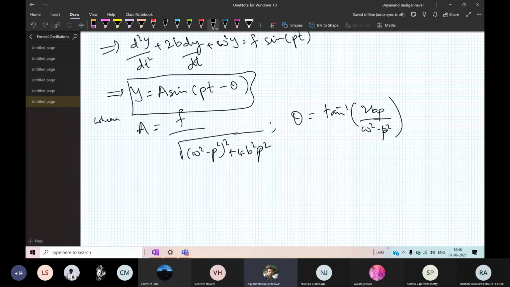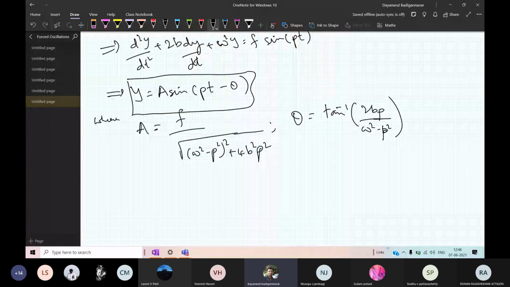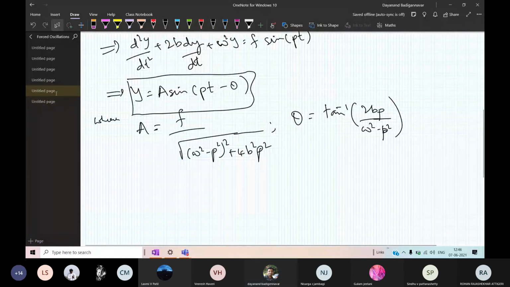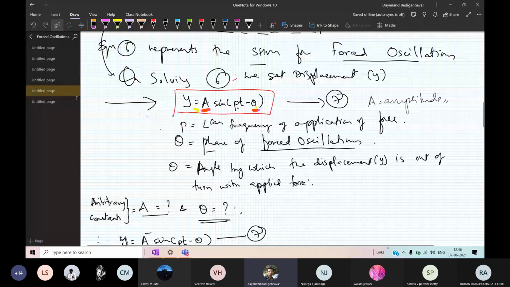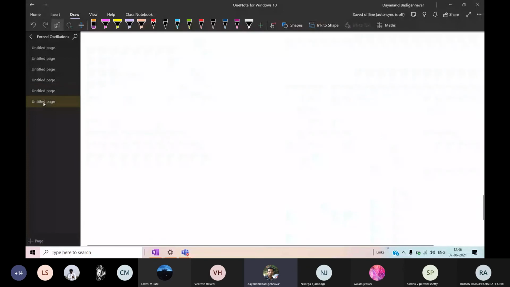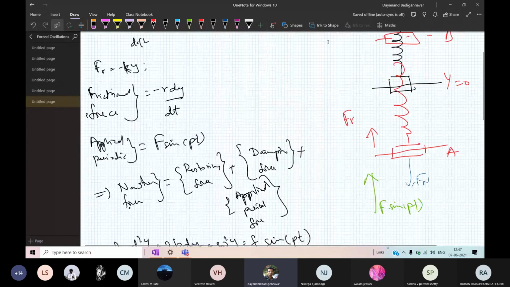Root of omega, correct, omega square minus p square. Let us check again. Yes, omega square minus p square, right. Correct.